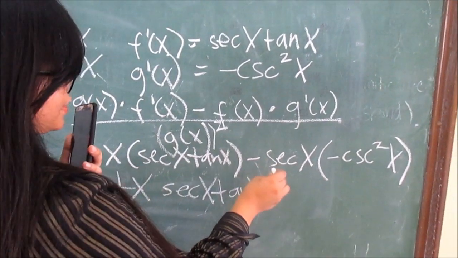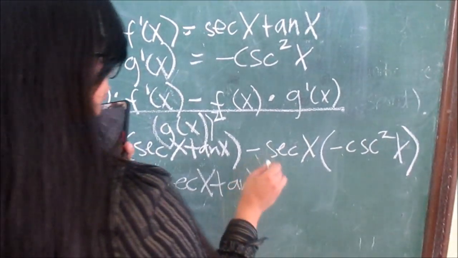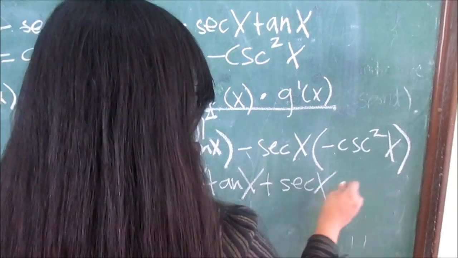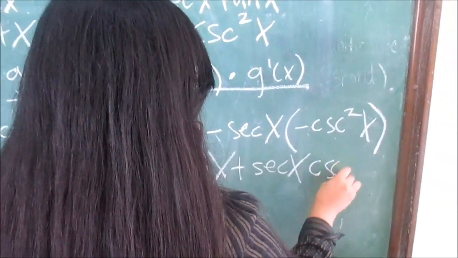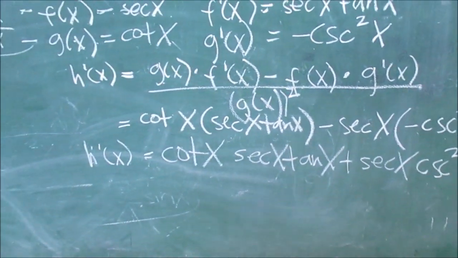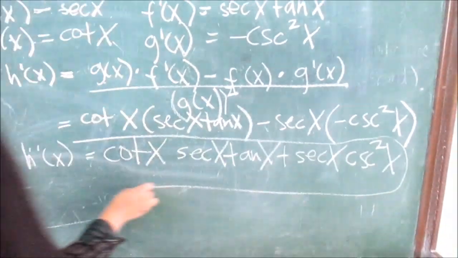Next, negative secant x times negative cosecant squared x is equals to positive secant x and cosecant squared x. So, that is our final answer.